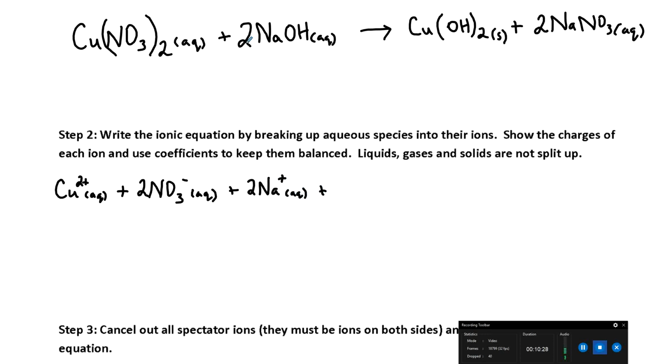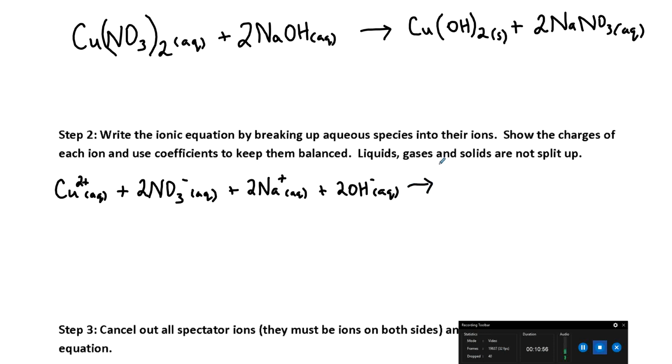That would mean I also have 2 hydroxide ions, each with a -1 charge. I've continued to keep the number of ions the same as my balanced equation: 1 copper, 2 nitrates, 2 sodiums, 2 hydroxides because of this 2. So my reactants are all good.